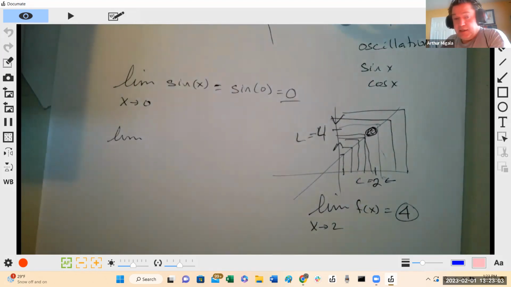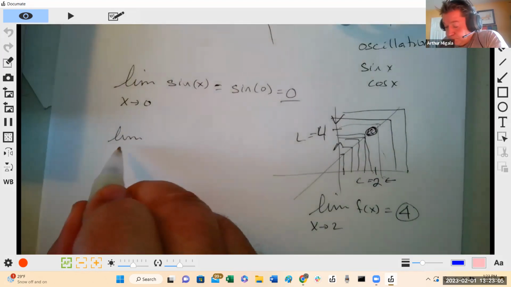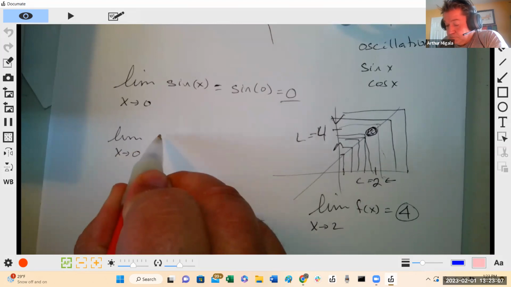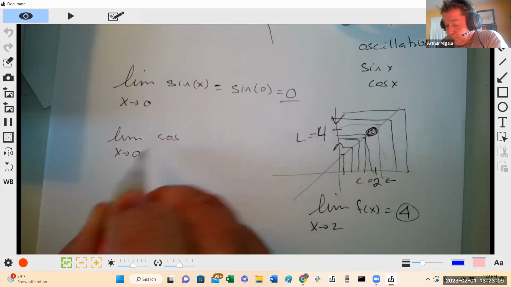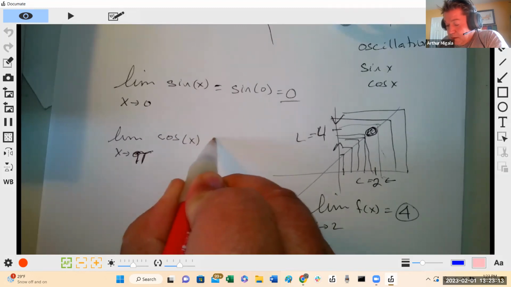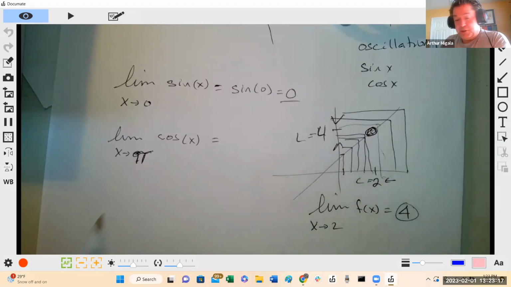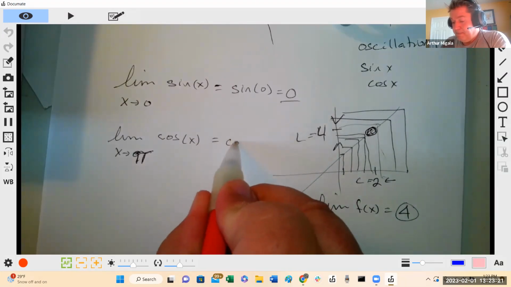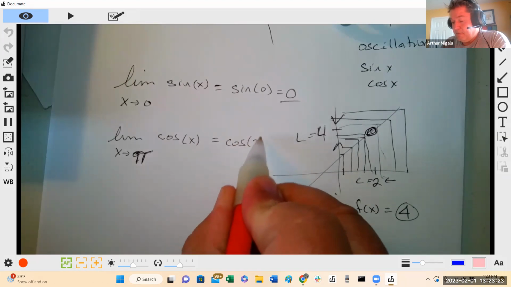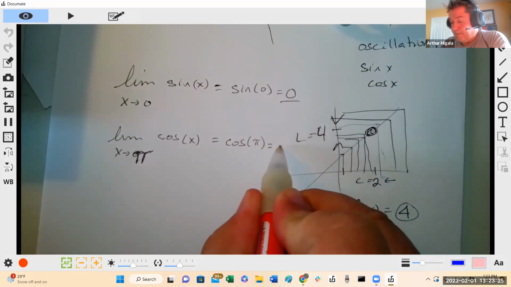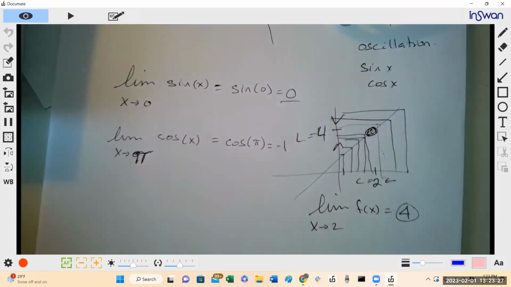We have to get infinitely close to it. Let's say I had sine. If X approaches pi, what is cosine of pi? -1. -1, yes.